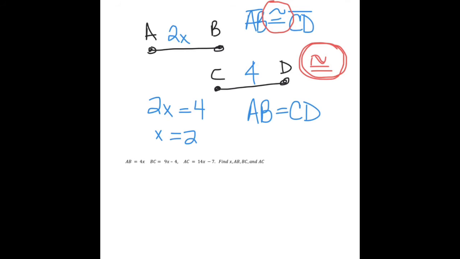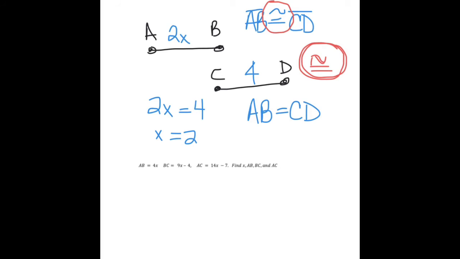So let's see if we can solve this one. It says AB equals 4x, BC equals 9x minus 4, AC equals 14x minus 7, and we have to find x, AB, BC, and AC, and we're missing something really important here. And it's just written on my notes or on our smart file.